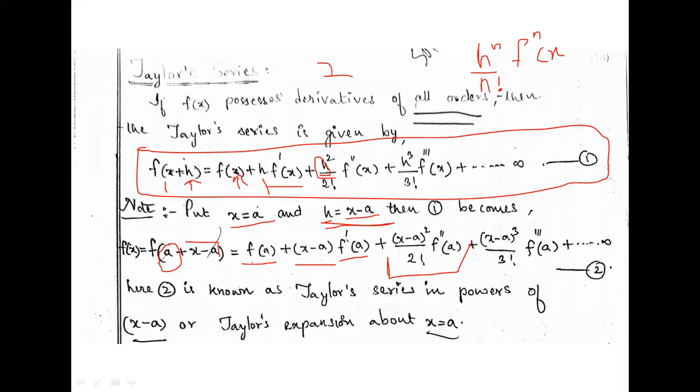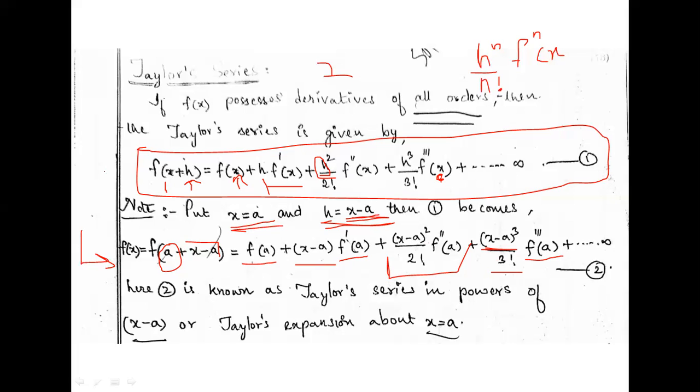H cube: what is h? H is nothing but x minus a. So instead of h, we are going to write x minus a whole cube by 3 factorial. Then f triple dash of, instead of this x, we are going to write a, because x is equal to a, till infinity. This is the second equation, and this is more important.